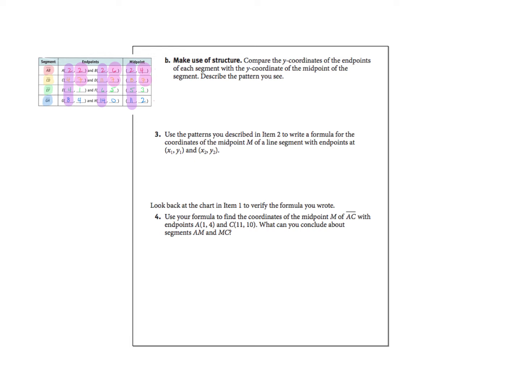So instead of rewriting the whole entire thing, we're going to say this is the same as part A: the average of the y coordinates of the endpoints will be its midpoint y coordinate. So now let's use this pattern that we talked about to come up with the formula for our midpoint.